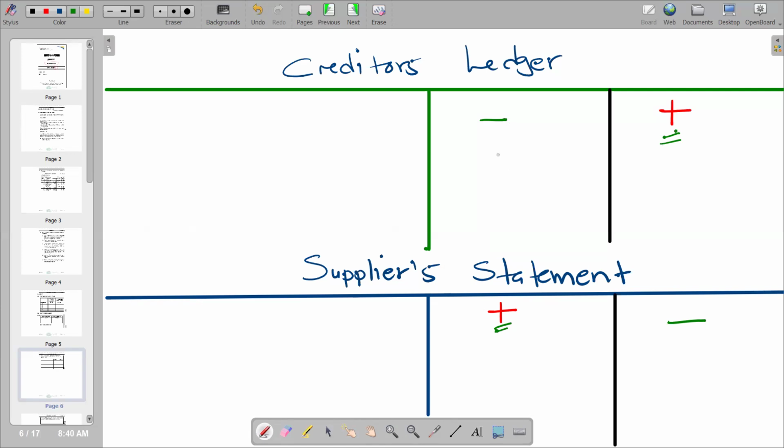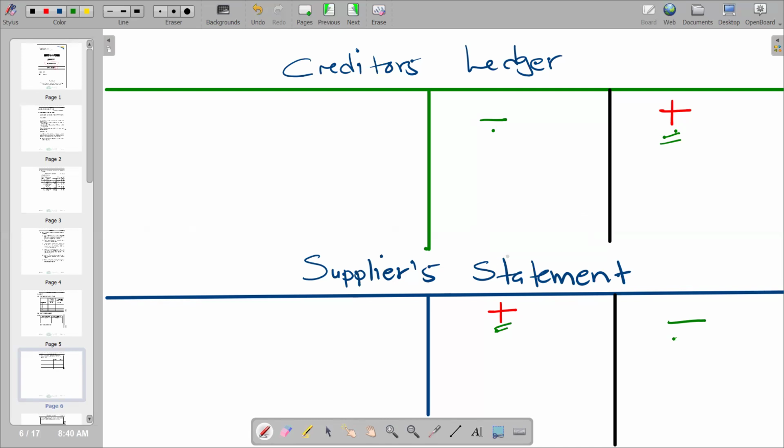The opposite is true when goods are being returned. It means we now enter on the opposite side, that is the debit side, which is going to be indicated by a minus. And then the supplier statement, they will enter on the credit side. So that's how we are going to indicate plus or minus.